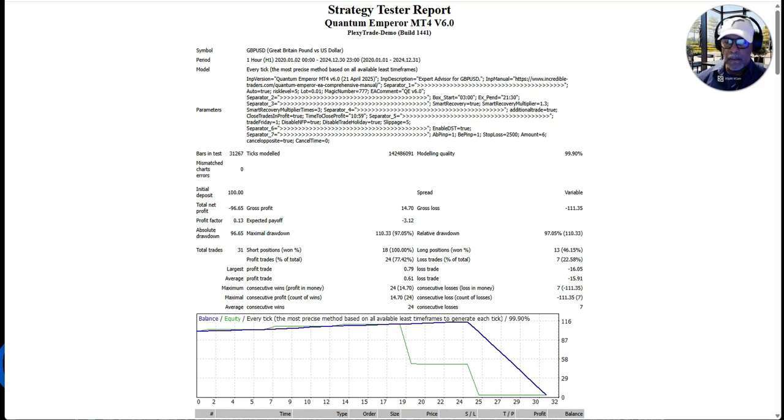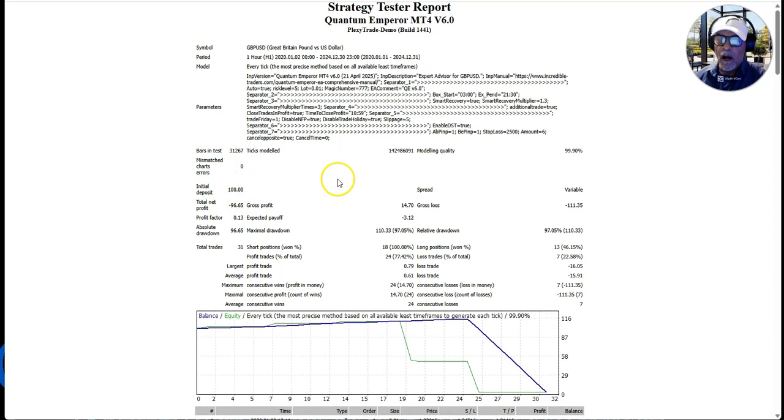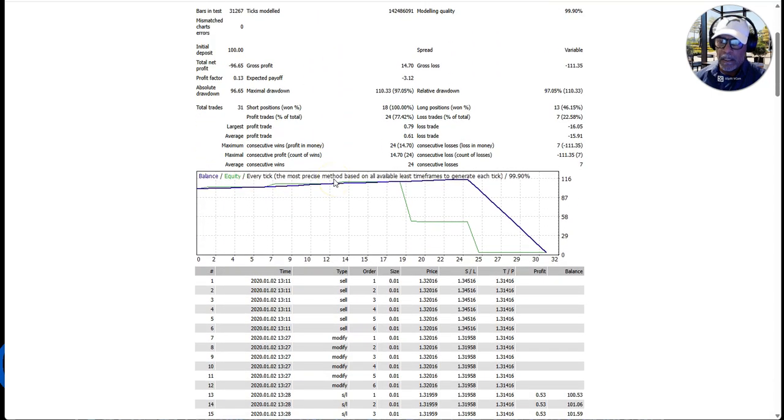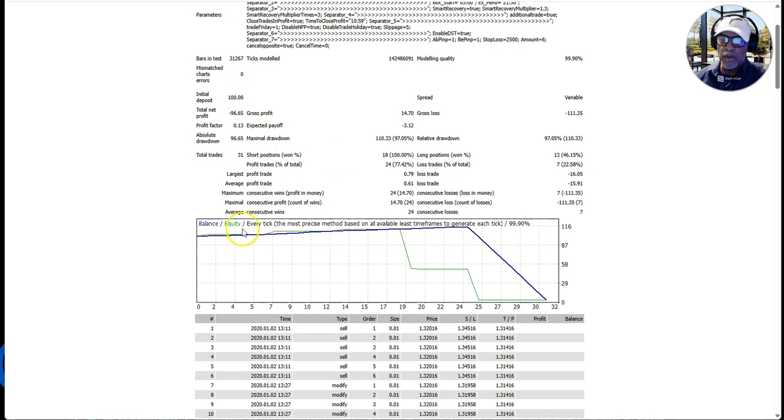Now, this is where you'll see people saying it's a big, big scam, because what if I would have started this in, let's see, this is 2020 again. This is our 5 years, but I only put $100 in there. Almost immediately, the account went to zero. See this equity curve? It went up to 116 and then plummeted down because it didn't really have enough room to really grow.